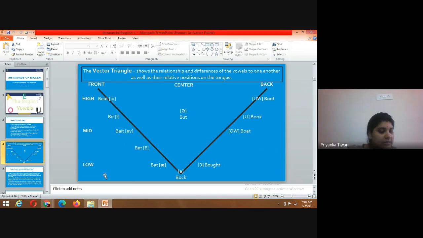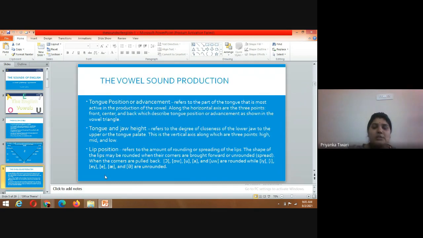For vowel sound production, tongue position or advancement refers to the part of the tongue that is most active in the production of the vowel.